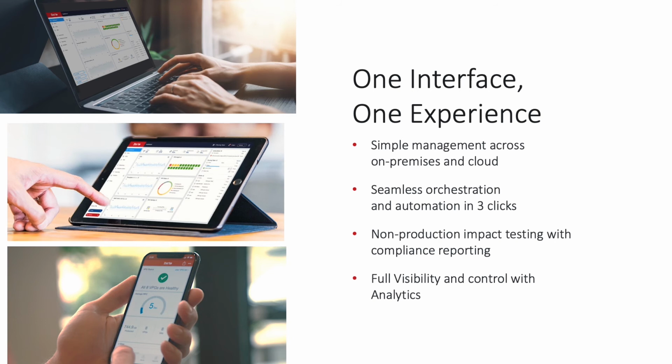You can simply look at your entire site topology and understand its performance across the board. And you can also have seamless orchestration and automation within 3 clicks, with no production impact on testing and automated compliance reporting. All packaged with full visibility and control, with analytics that you can access from any browser or mobile device as well with iOS.